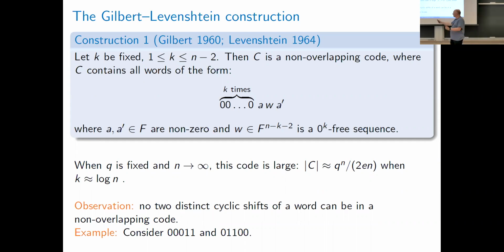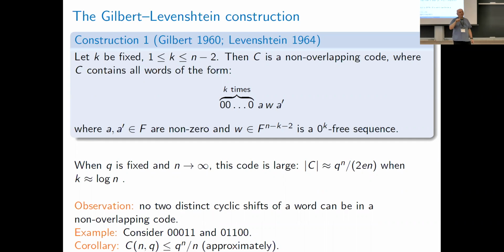The number of equivalence classes is about q to the n over n, because each code word is most of the time in n cyclic shifts, an equivalence class of size n. Some words are in a smaller equivalence class if they've got non-trivial periods, but most of the time, it'll be about this.